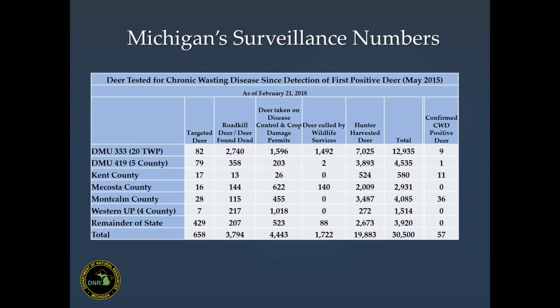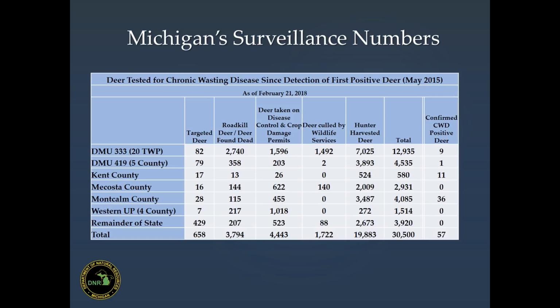So what we're seeing in places like Montcalm County, where we have 36 confirmed cases of CWD out of about 4,000 deer, is much higher than what we're seeing in what we call DMU 333, which makes up much of the northern part of Ingham, southern part of Clinton, and parts of Eaton and Shiawassee counties, where we only have 9 CWD positive animals, and we've tested nearly 13,000 deer at this point.